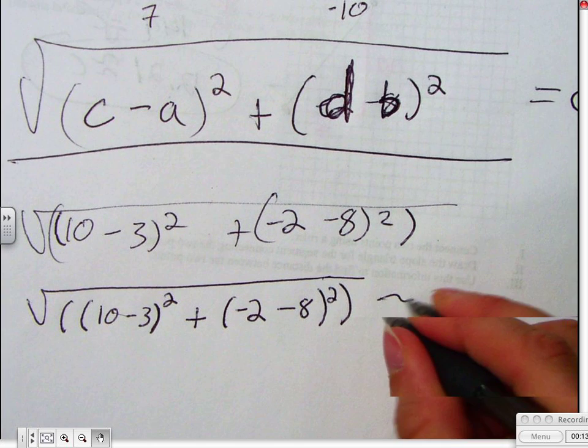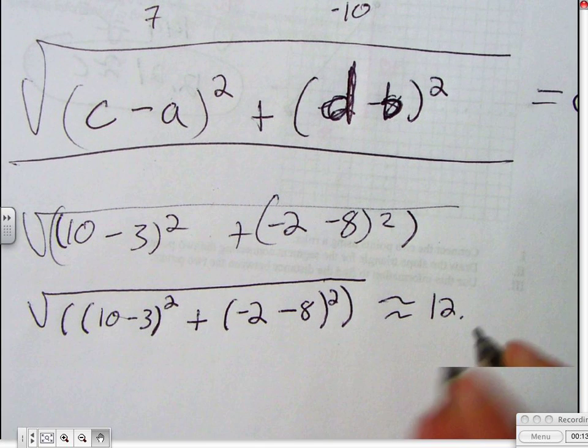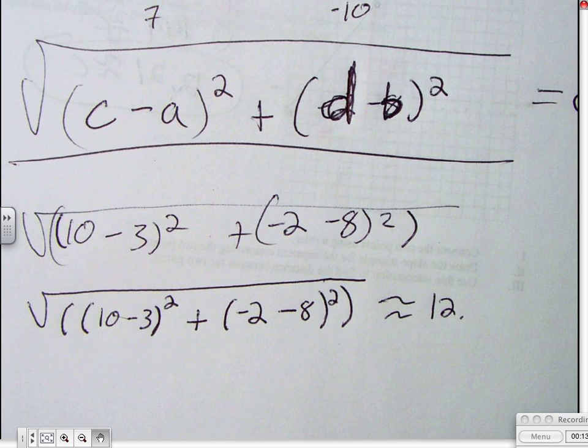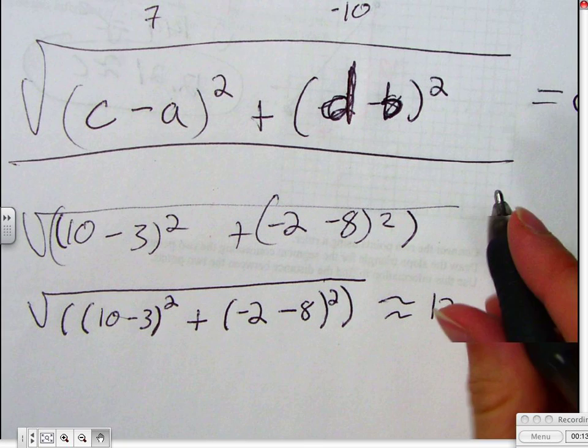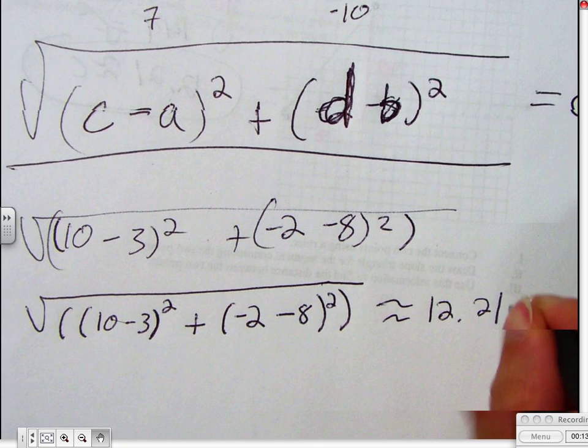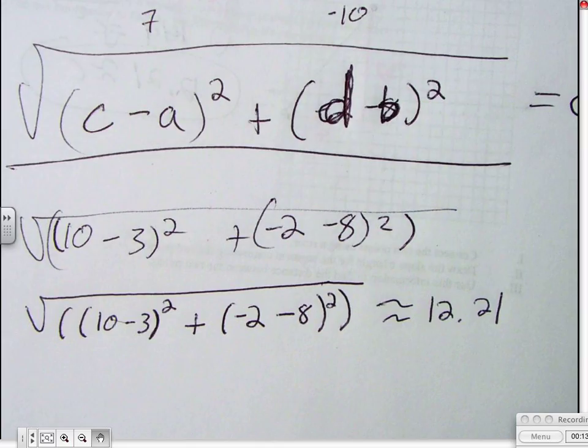I get 12 point, did you do your square root at the beginning? There we go. I get approximately 12.21. I get the same answer. You can do this either way. Okay, you can use the graphing, you can use the equation. Later on it might be easier to just do the equation, but we'll see.